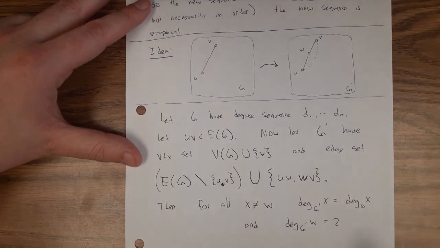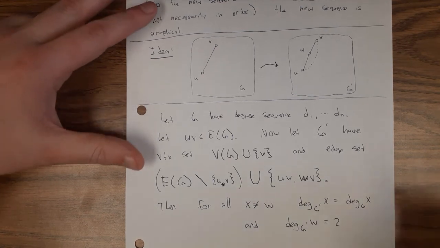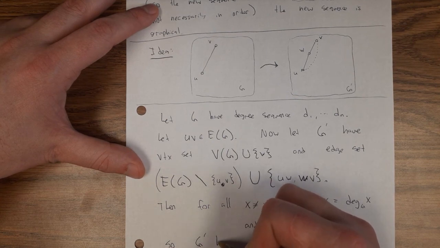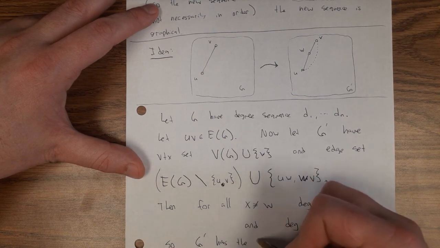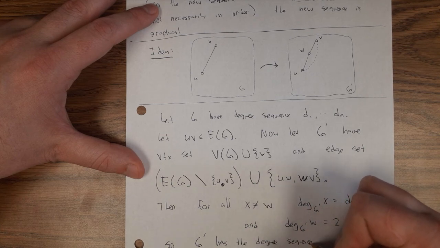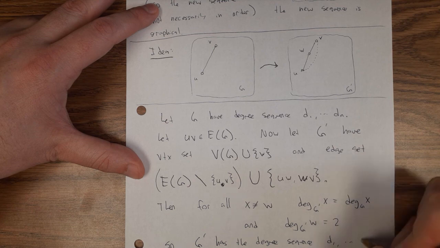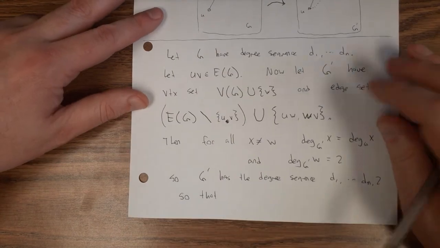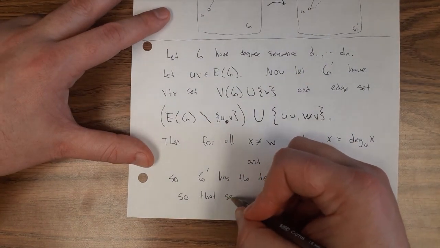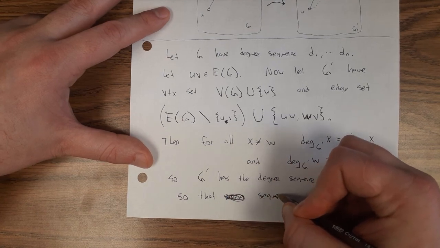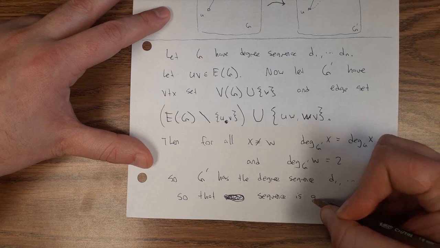It just has the two edges that we talked about touching W. So G prime has the degree sequence in question. And so that sequence is graphical.